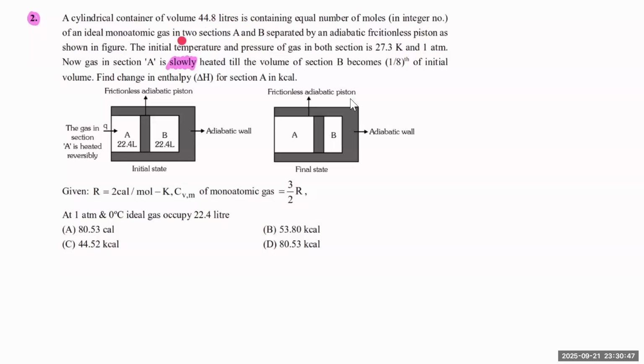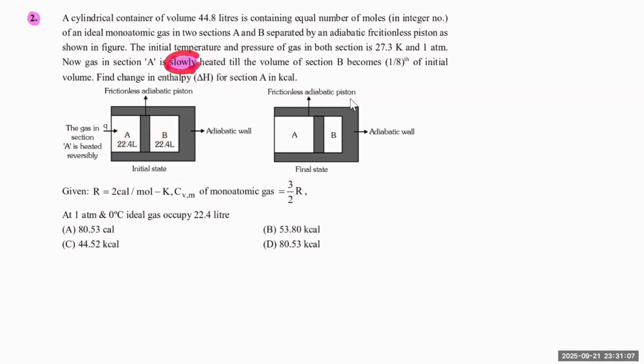Into two sections separated by an adiabatic frictionless piston. This one is adiabatic frictionless piston. The initial temperature and pressure of the gas in both the sections is 27.3 and 1 atm, in here also and here also.